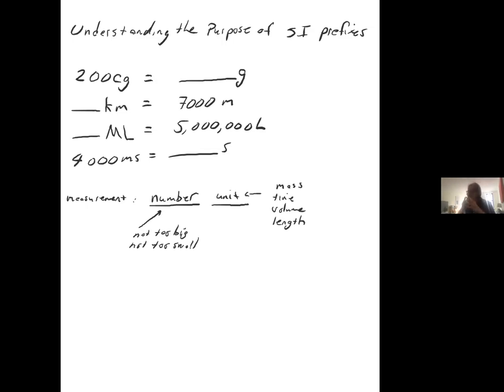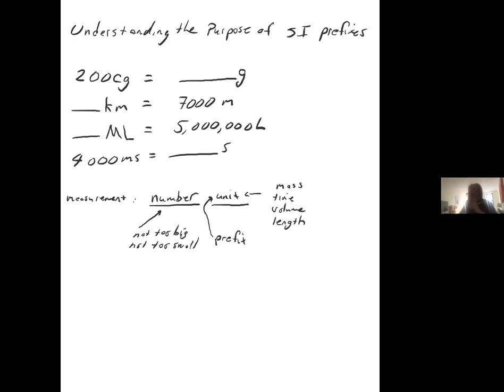It's like 1 followed by 23 zeros. That's a hard number to say. Alternatively, if we said how big is one of those atoms, it's pretty small, so the number would be 0.00 with like 23 zeros. So the way we get out of having numbers that are too big or too small is we put a prefix right in front of the unit.